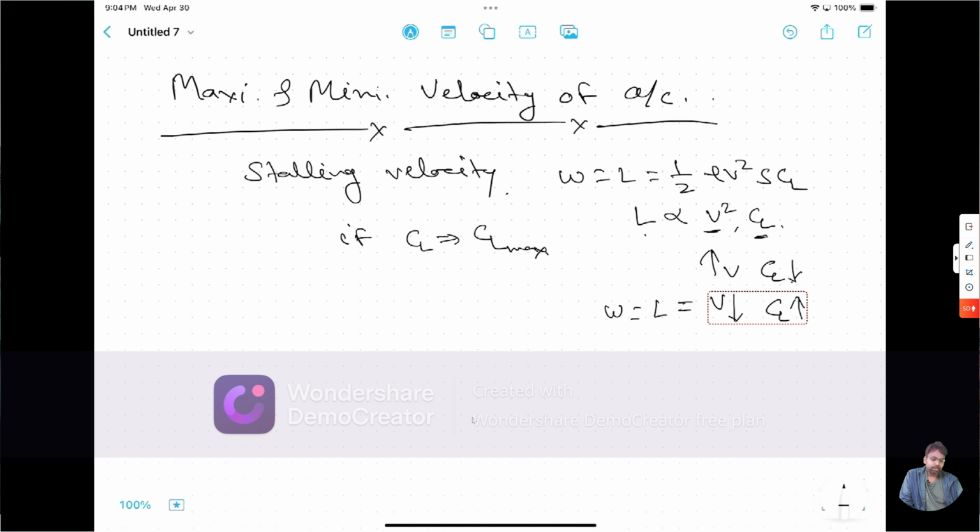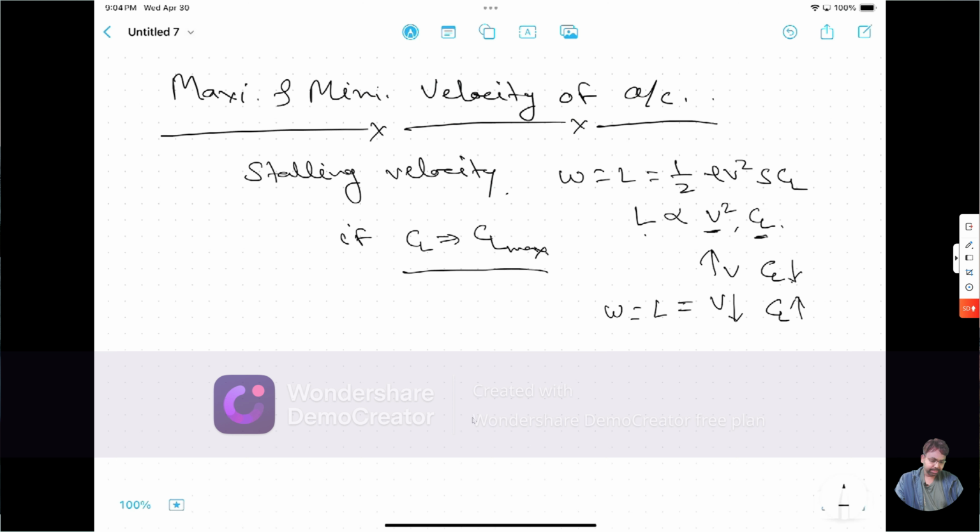Now we will see here. If you are making your velocity as minimum as you can, or you are making your CL as maximum as you can, so that CL is equal to CL max, which is a constant value for each and every airfoil.